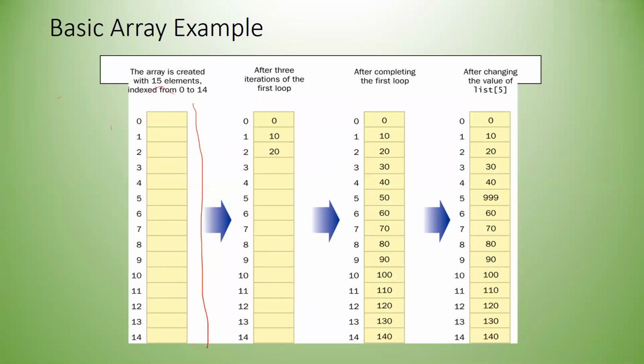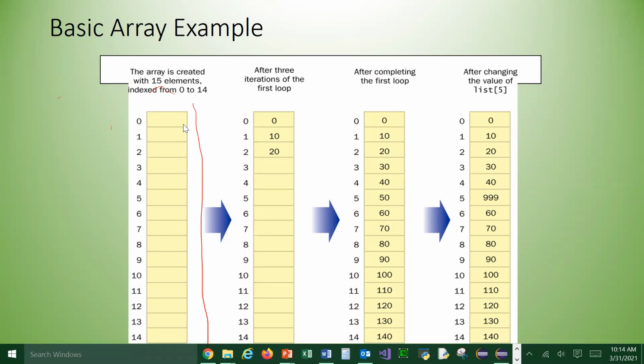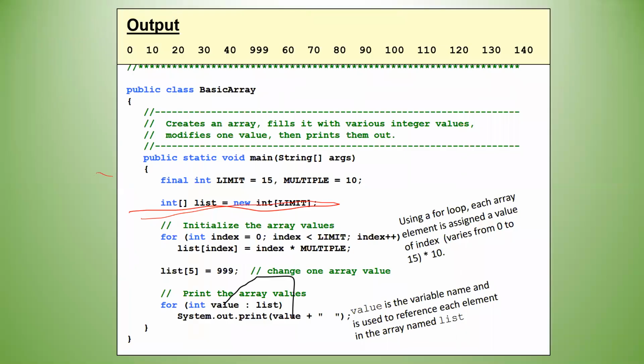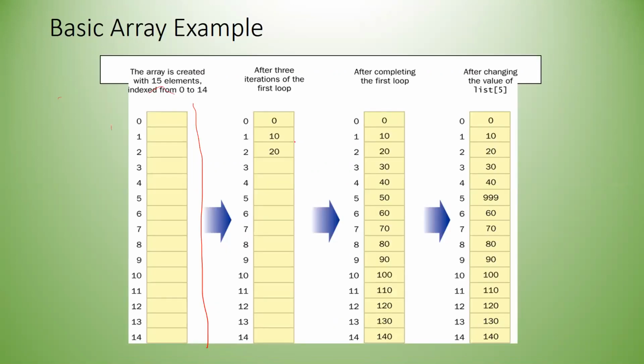And after 3 iterations of the for loop, when index is 0, when index is 1, when index is 2, you will have 0, 10, and 20. Do you understand how this is calculated?